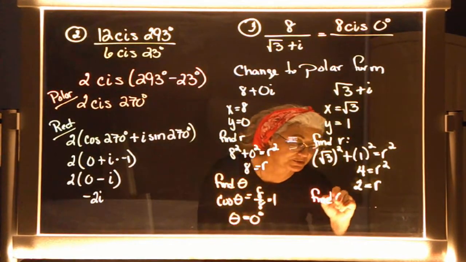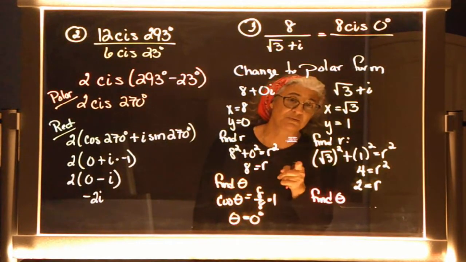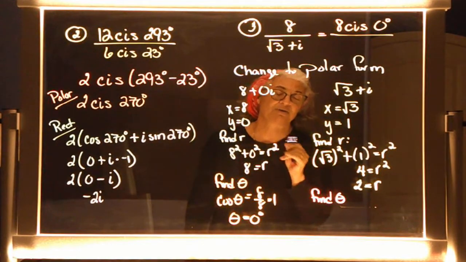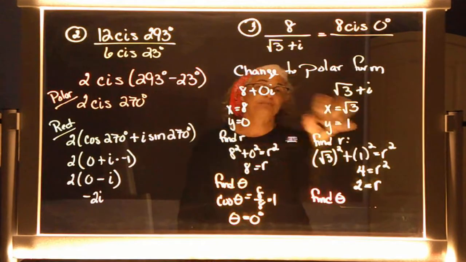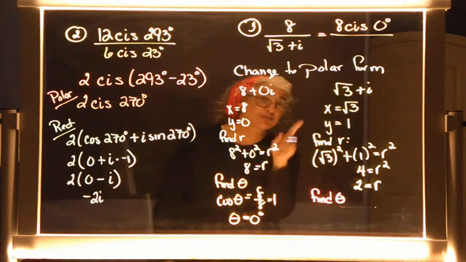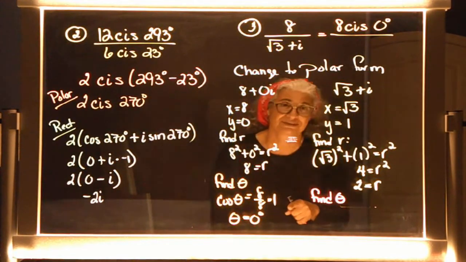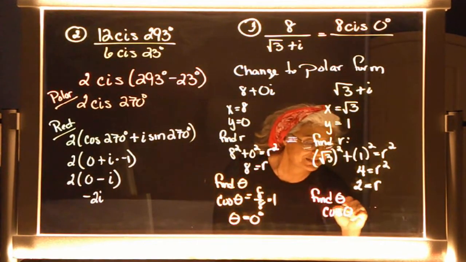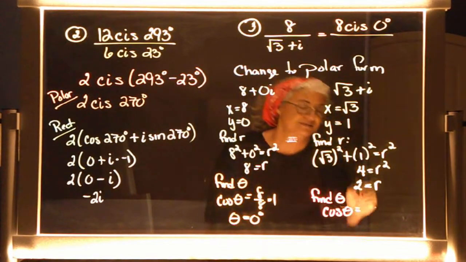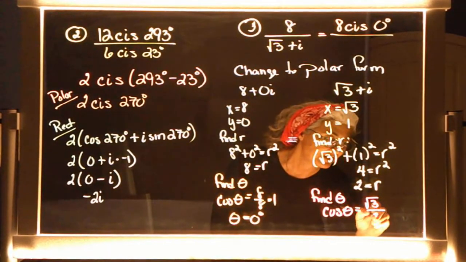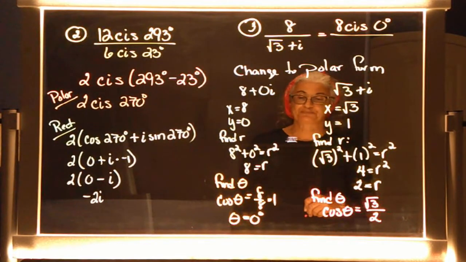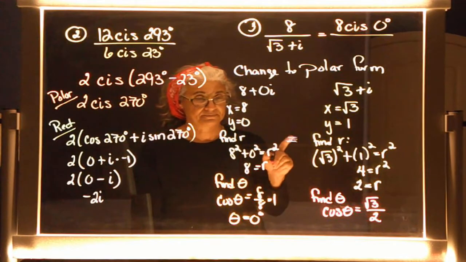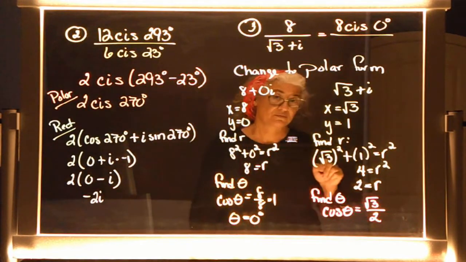This is a really good problem because it makes you first and foremost remember how to convert rectangular complex numbers into polar form complex numbers. And some of you are like, uh-oh. Anyway, so cosine of theta is x, which is the square root of 3, over r, which is 2. What is that? Draw your triangle.